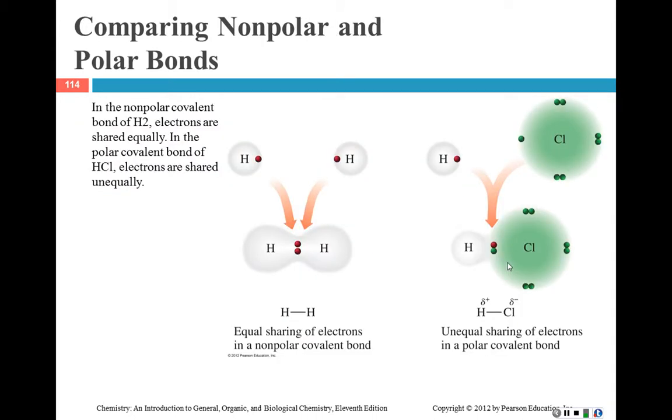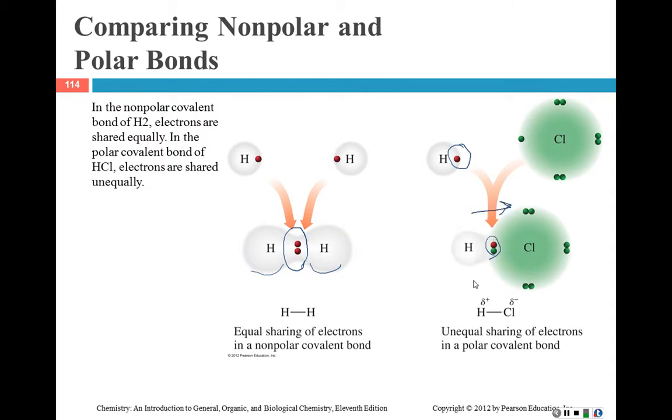So in the nonpolar bond that we see an example of in hydrogen gas, they're shared equally because they're exactly the same. They have the same attraction on both sides of this shared pair. But if you look at hydrogen chloride or hydrochloric acid, depending on if it's in water or not, that hydrogen has one electron, and so it has a very low electronegativity. Chlorine has a very high electronegativity, and so when they share, this tends to be pulled this way.